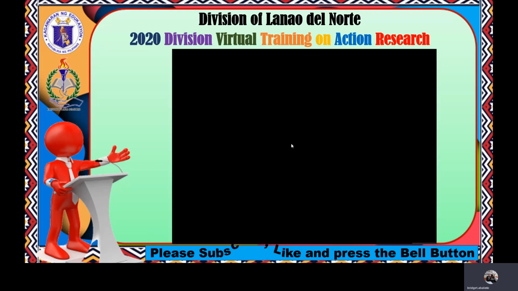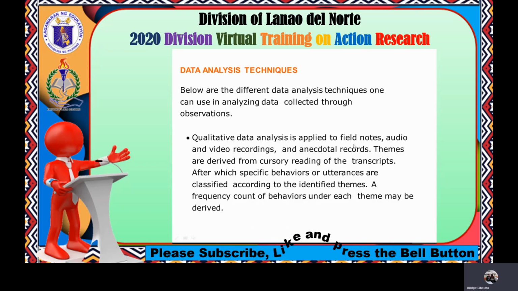Qualitative data analysis is applied to field notes, audio and video recordings, and anecdotal records. So, qualitative. Themes are derived from cursory reading of the transcripts.